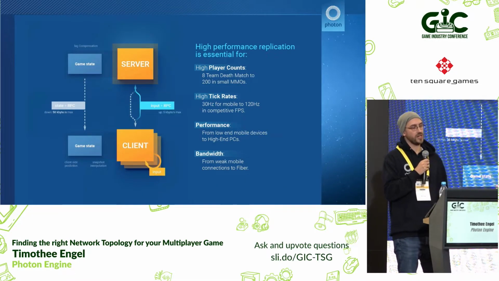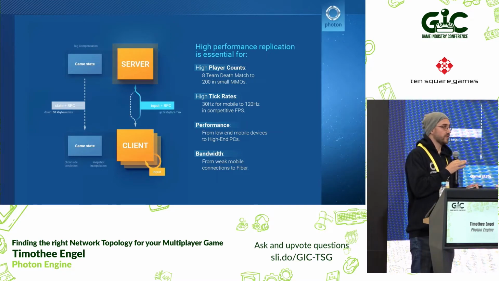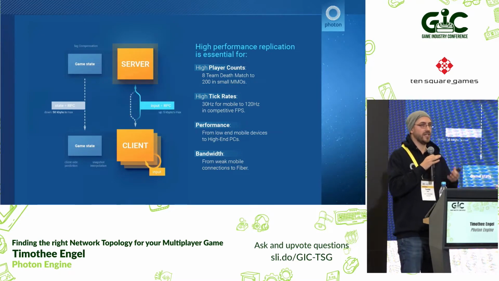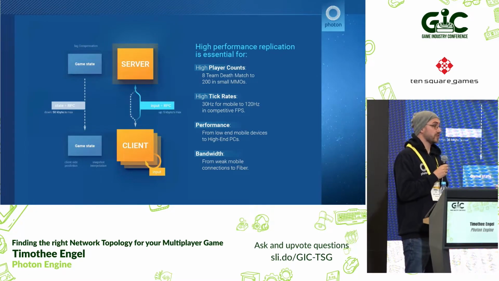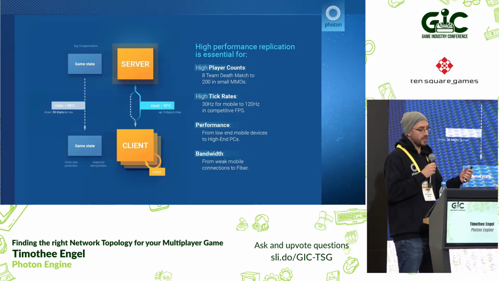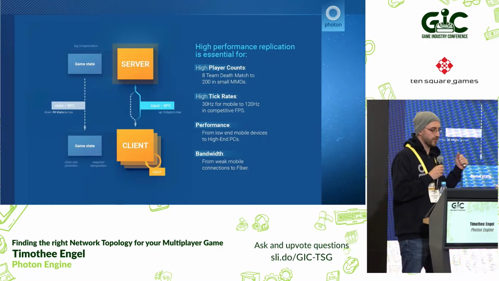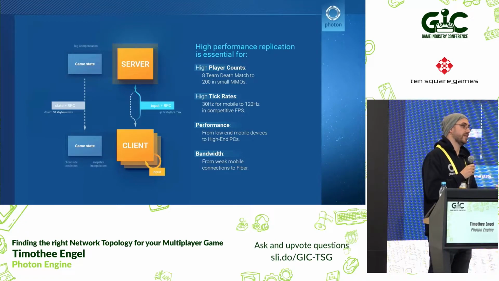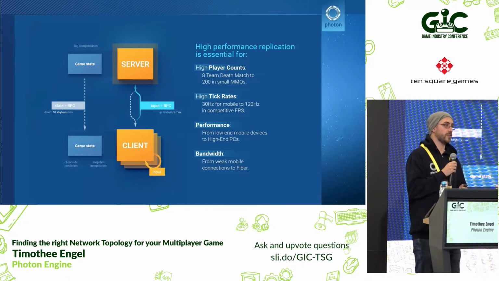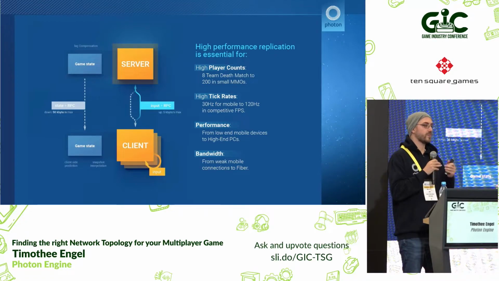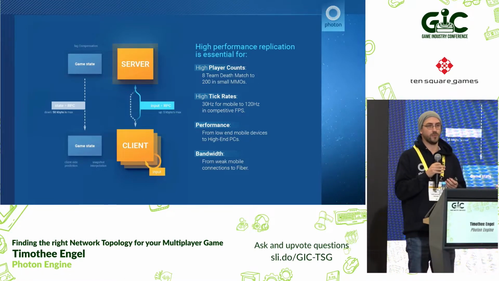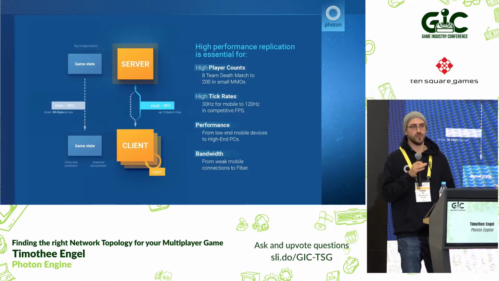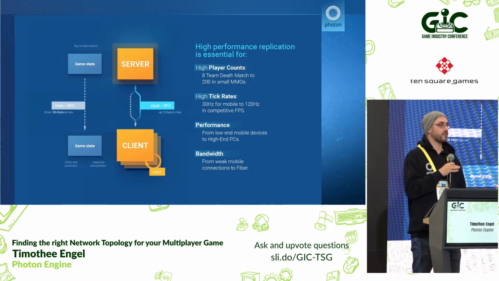This allows us to have, of course, higher performance, which is the goal, especially in high tick rate, high fidelity simulations nowadays. And the important part here, as you see, is the bandwidth. We have up and down. And this is the part that tends to be forgotten, because the connection of the average player is just your consumer bandwidth, which has, over the last couple decades, been optimized for downstream.